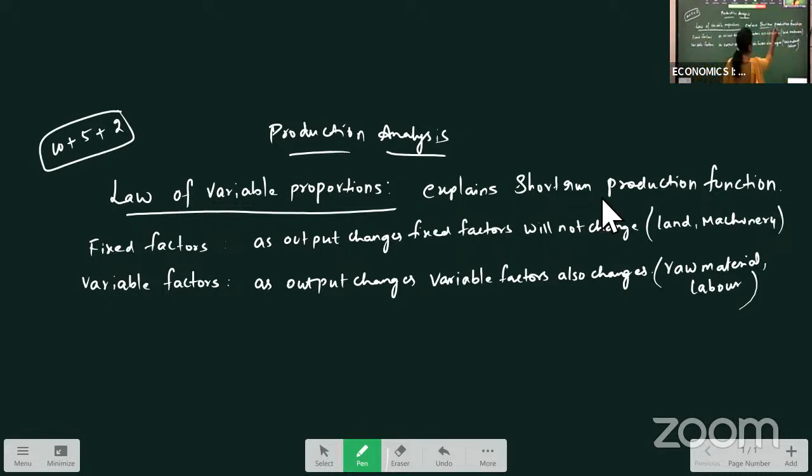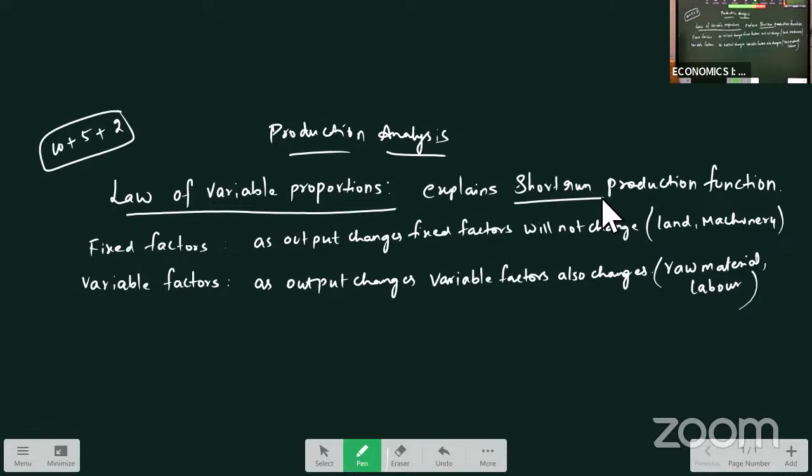Short run means in a short period of time, some factors cannot be changed, some factors can be changed. The factors which are not changing are called fixed factors. The factors which can be changed are called variable factors. Changed in the sense we can increase or decrease them.